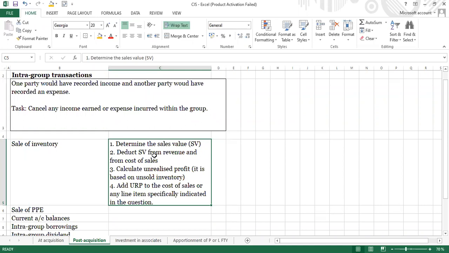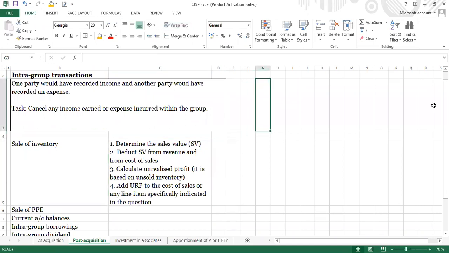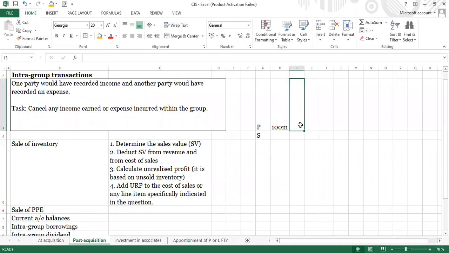Remember, we would still illustrate these things in a question. So firstly, the concept of unrealized profit. Let me just do a little drawing here. This is P. P is the parent. And this is S. S is the subsidiary. P sold 100 million worth of goods to S. So since P is the seller, P will recognize it as revenue.